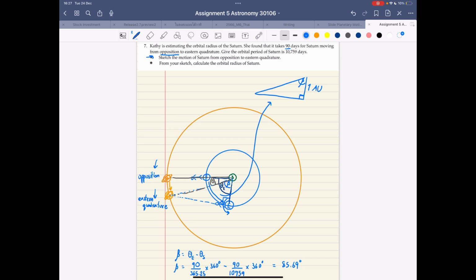And the distance between the sun and the Saturn, let's give it as L. We're going to use trigonometry to help us find L. So we're going to use cosine beta equals 1 astronomical unit divided by L. So that means L is equal to 1 astronomical unit divided by cosine of 85.69 degrees, which is approximately 13.3 astronomical units.